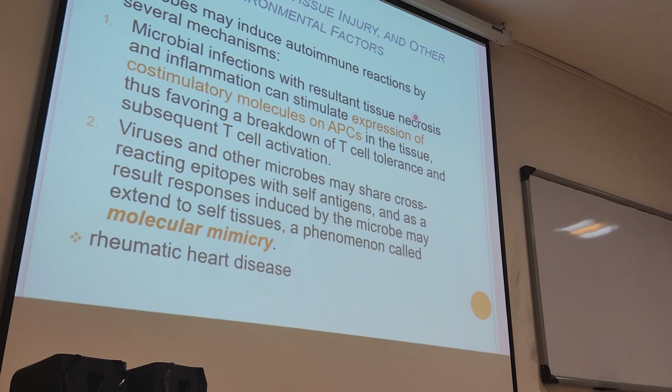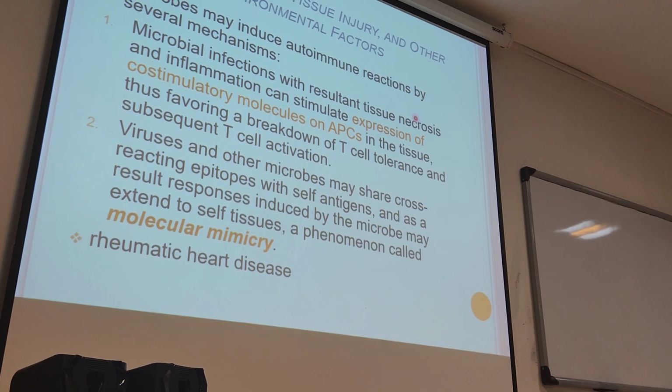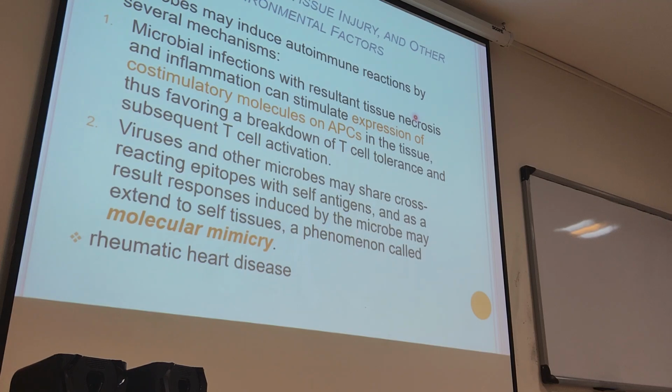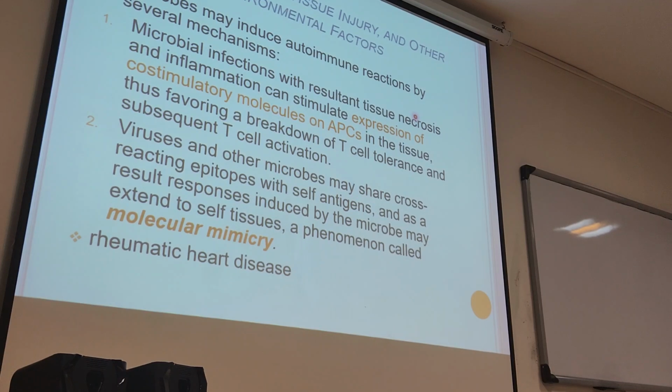And about infections, tissue injury, and environmental factors, the thing our friend said about rheumatic heart disease. What did our friend say? The role of infection in autoimmune disorder, similarity. Yes, it is called molecular mimicry. Molecular mimicry is because we have similarities in antigens of microbes and self-antigens.